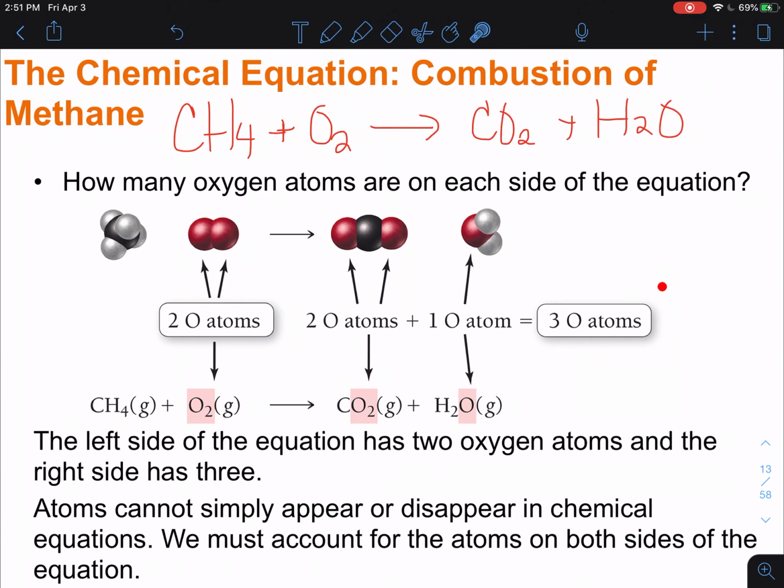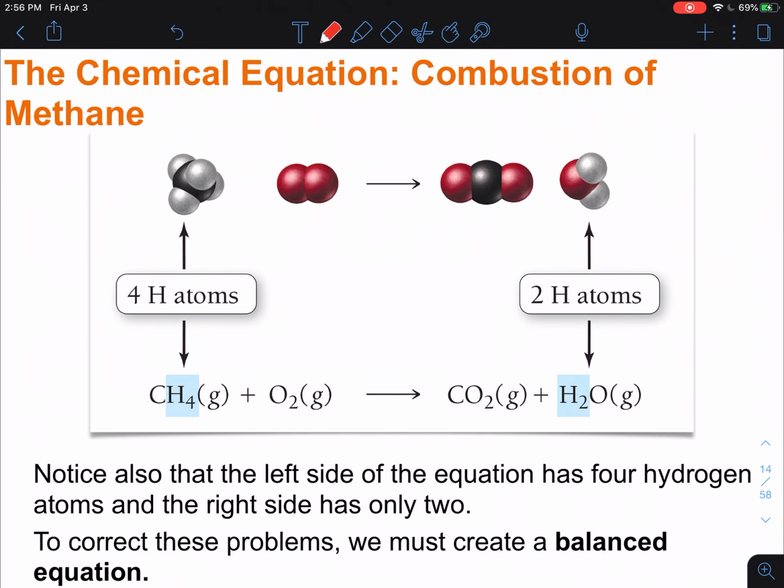So we have 3 oxygen atoms on the product side. So the way this chemical reaction is written here, with the phases, we somehow magically gained an oxygen atom on the product side. And that cannot happen, right? That's not how things work. So you're going to have to balance the equation in order to make sure that the oxygen atoms on the right equal the oxygen atoms on the left.